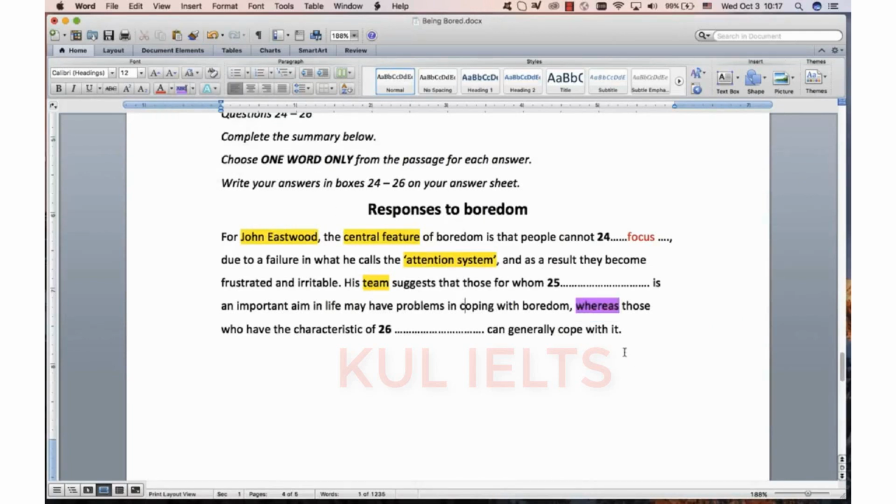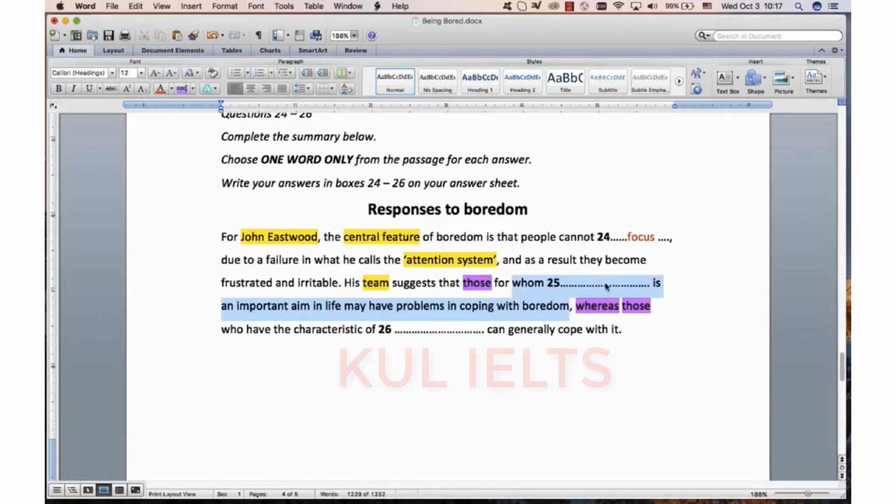You're looking for some kind of a contrast. What else can we see in this sentence? We're talking about people. I think that's an important thing to notice. And we're talking about 2 kinds of characteristics. This is an aim in their life, and this is a characteristic. Another thing to notice, this is quite negative.